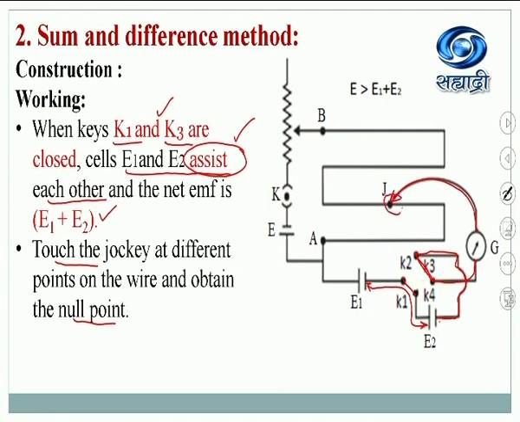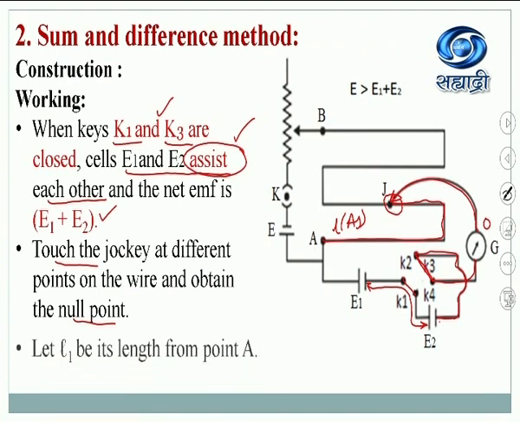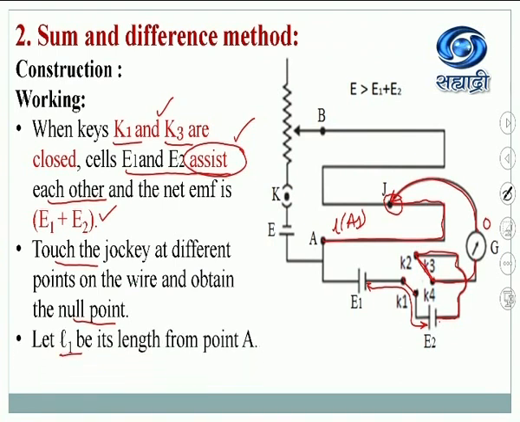Suppose we have touched the jockey here and we got the null point, meaning the galvanometer shows zero deflection. Always remember, null point means no current flows through the galvanometer. Note this length, say AJ. Note that length, say L1, let L1 be its length from point A.